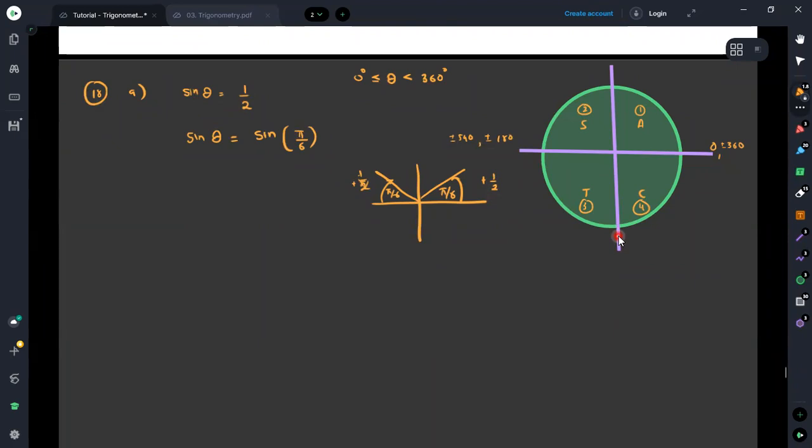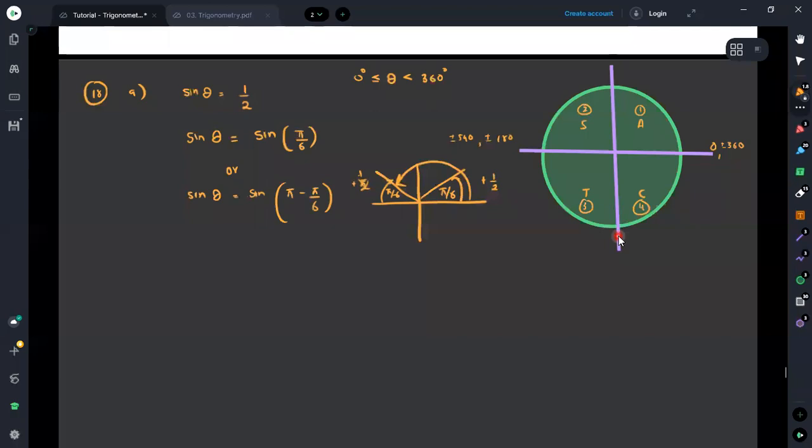Therefore, we have to measure the angle in this way around. So if we have sine 5π over 6, or else we can have sine theta equal to sine of π minus 5π over 6. We can have both ways for theta, because we can measure them in this way or in the clockwise direction from the angle π.